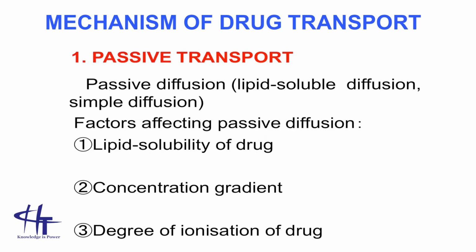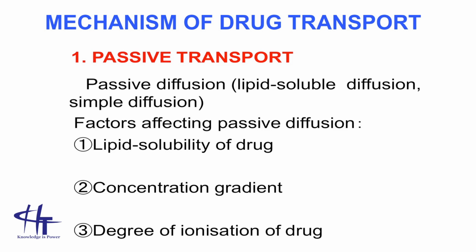Now, what is passive diffusion? Diffusion, in simple terms, is actually a simple diffusion, and here it basically means movement of this drug from a region where it is highly concentrated to a region where it is in low concentration.